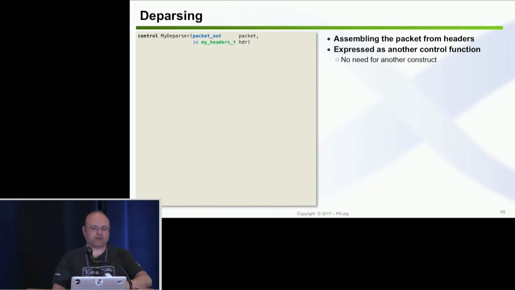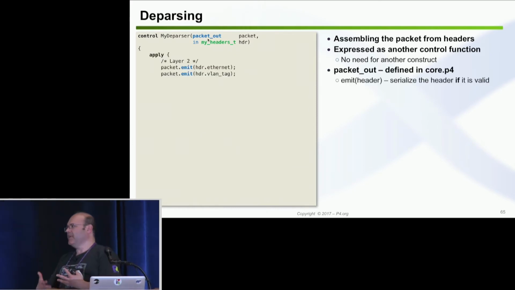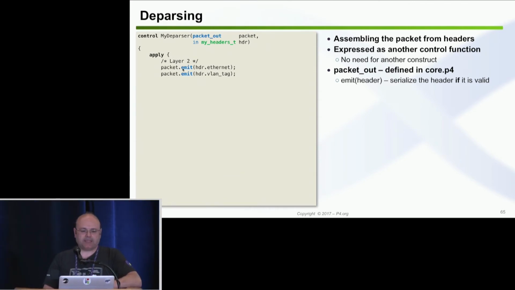So now the core library provides us with a special extern called packet_out, and that will represent the byte stream that we're trying to assemble. What we'll do is take the structure of the headers that we processed and put them out as a packet. And here is how it will look. Based on the discussions we previously had, you will emit the Ethernet header and the VLAN tag.